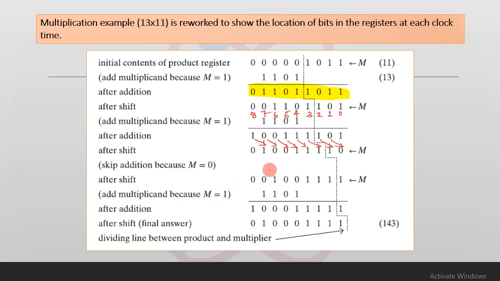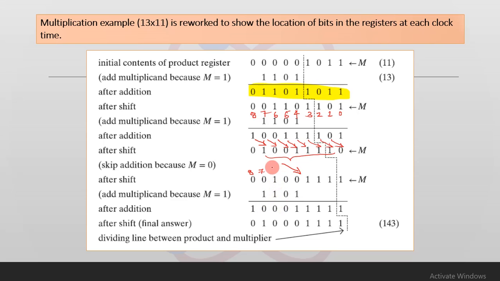So because of that, as you can see, you obtain in the 8th position again a 0, 7th position will be 0, and these remaining bits till here will be retained at this point. Now we are going to provide m to be equal to 1, and now we can add the contents of the accumulator with the multiplicand.